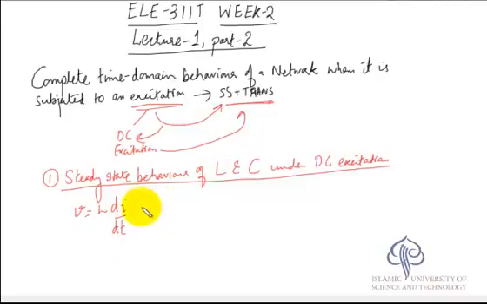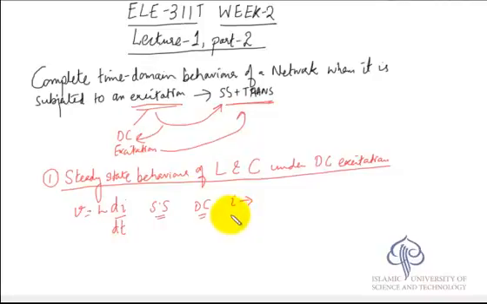So when the system has come to its steady state and the excitation is DC, it means that every variable has settled down. So you don't expect a rate of change in the current. Current would have reached a steady state value, some particular value, a constant value, because the source is DC.